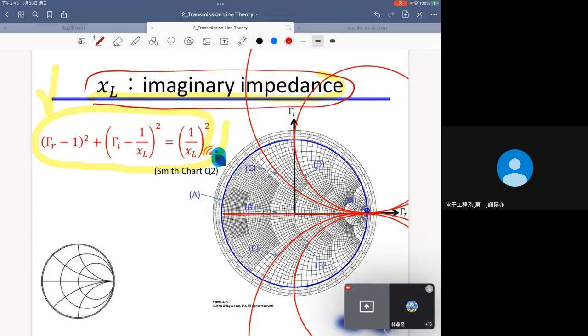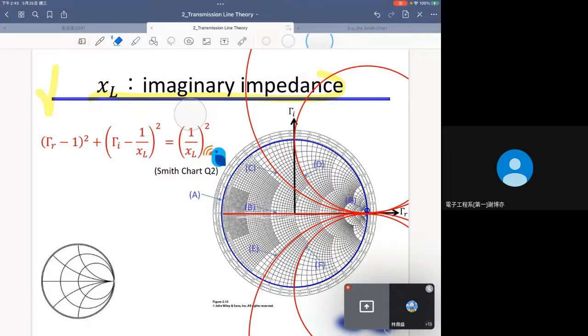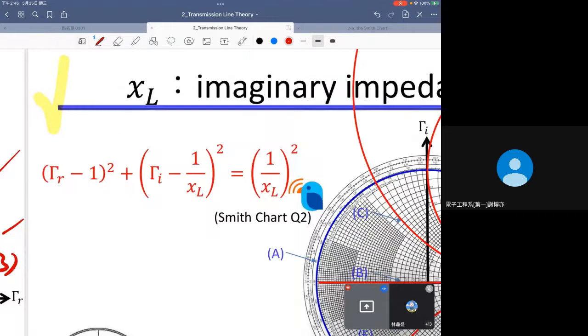You can see that all of the imaginary circles, let me simplify this one.